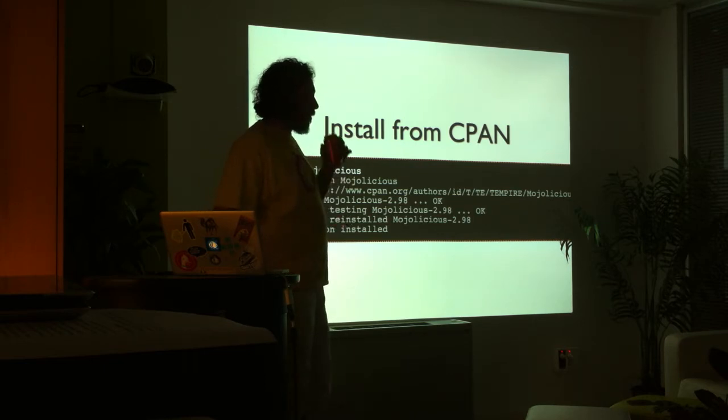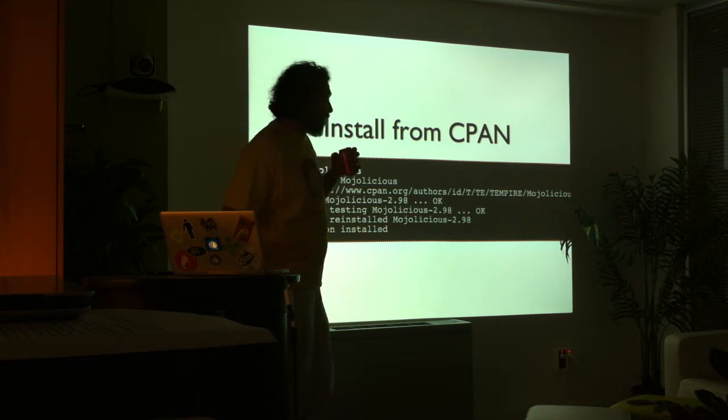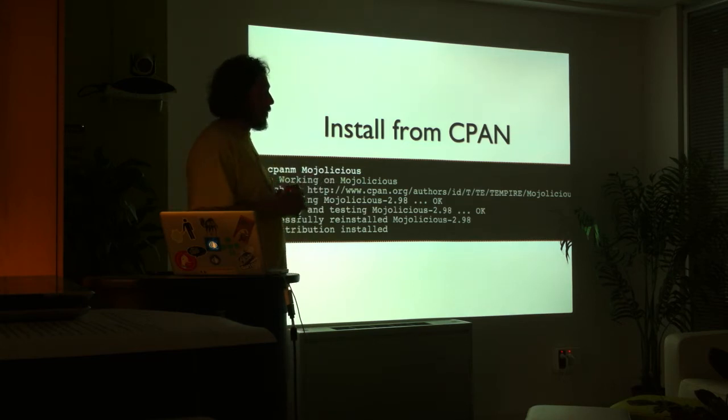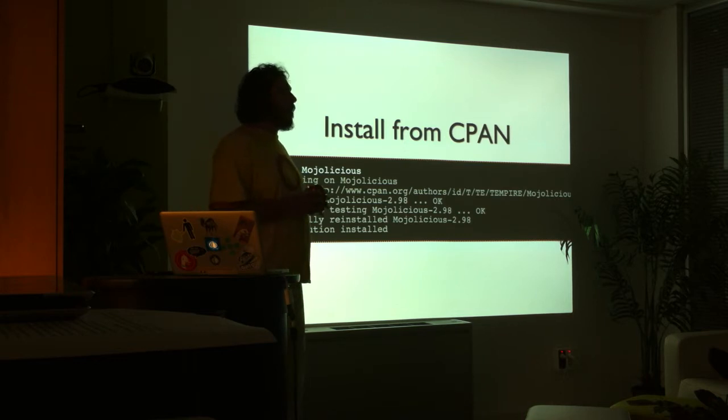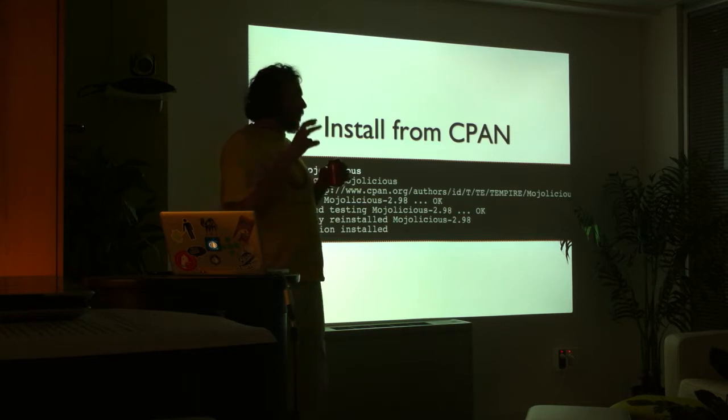Can you please tell what's the difference between cpan and cpanm? Yes, of course. cpan is the main toolkit for installing CPAN distributions. cpanm is like a refresh of that. It uses a different index to search for distributions.